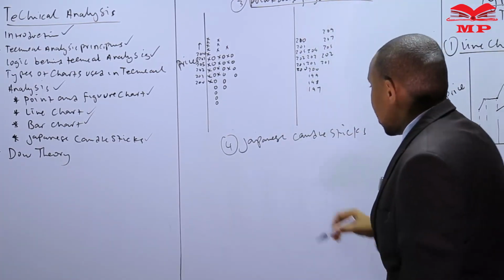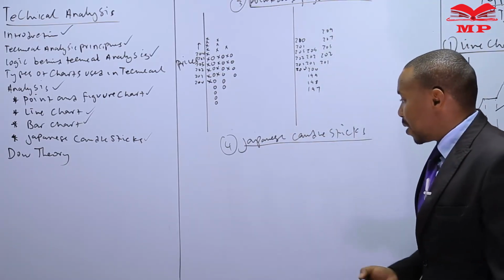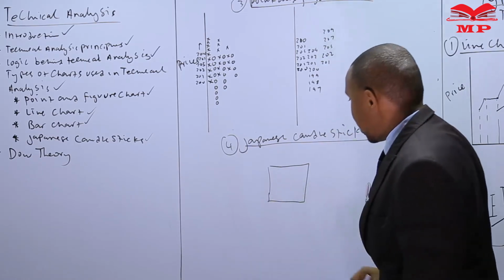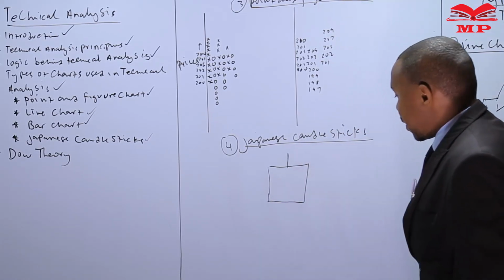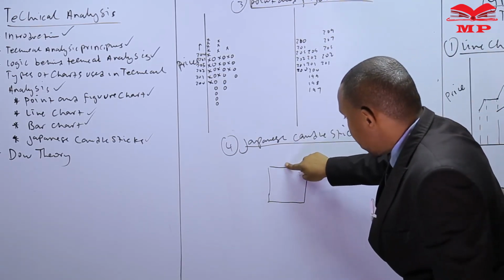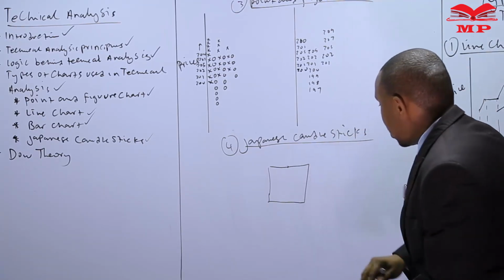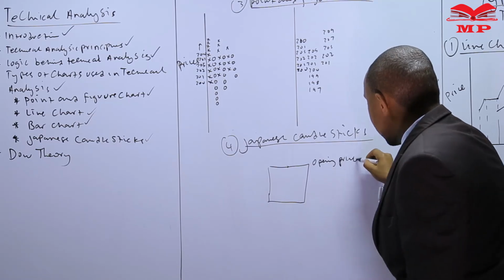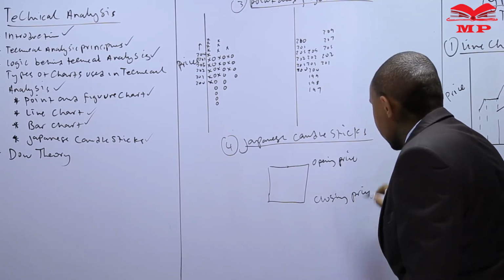Japanese candlesticks. Now, what you need to understand under Japanese candlesticks is, first of all, the look of the candlestick itself. A candle looks somewhat like that. Here, before I put this wick over here, I can have that body indicating over here the opening price and the closing price.